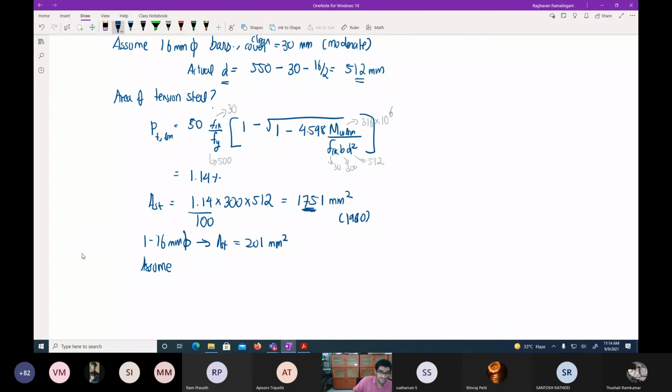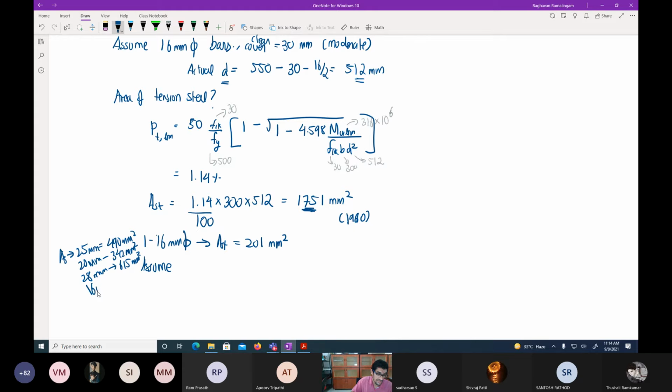Okay, I'll leave it to you. See, these are the data that we have. Why don't you tell me? 25 mm bar gives Ast is 490. For 20 mm bar, it is 342. 28 mm, it is 615.